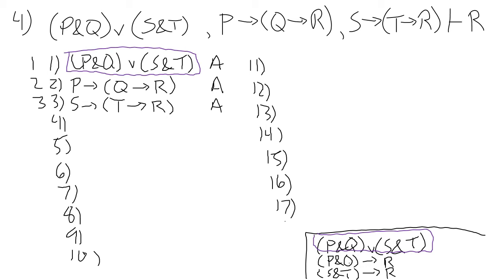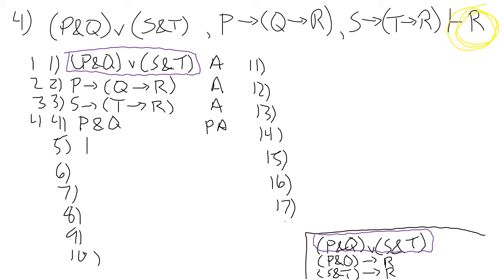So we'll assume P and Q as a PA, and we'll look to prove R. And again, the reason why we're proving R is because that's our conclusion. Conclusion will always be the consequent of the conditionals that you are building.